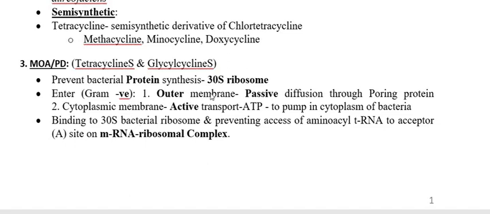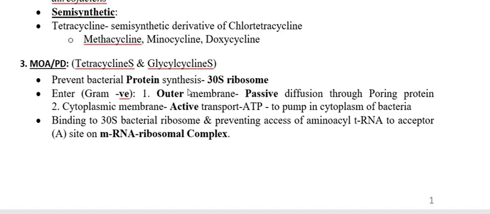First they enter through the outer membrane by passive diffusion, whereas through the inner cytoplasmic membrane the drug enters by active transport, which means they require ATP. After these two layers, the drug enters the cytoplasm of the bacteria.